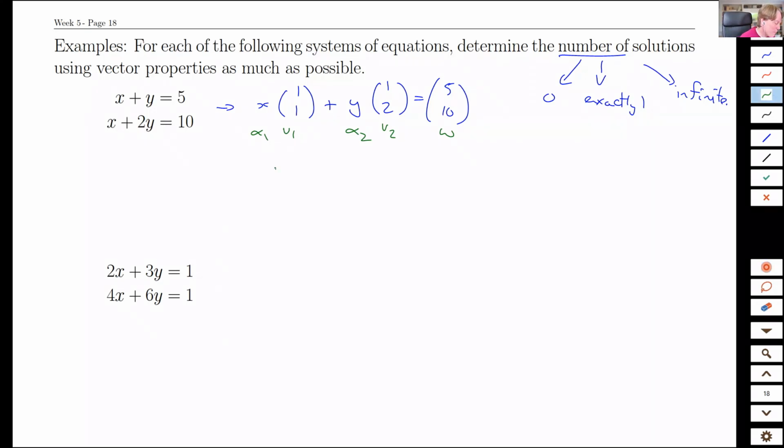Right away, remember this little side fact, I should put this here. For sets of 2 vectors, we have this nice simple case that linear dependence is equivalent to scalar multiples.